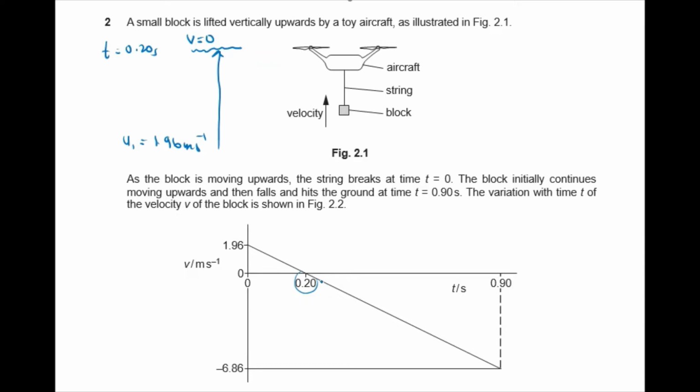Then after that, velocity is in the opposite direction, meaning the block falls. Okay, block falls. v equals negative 6.86 meter per second. So here all the time taken is 0.9 seconds.